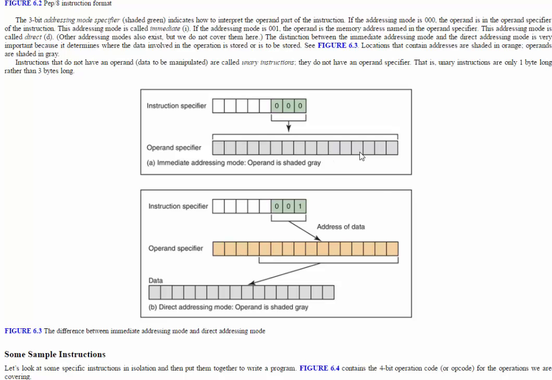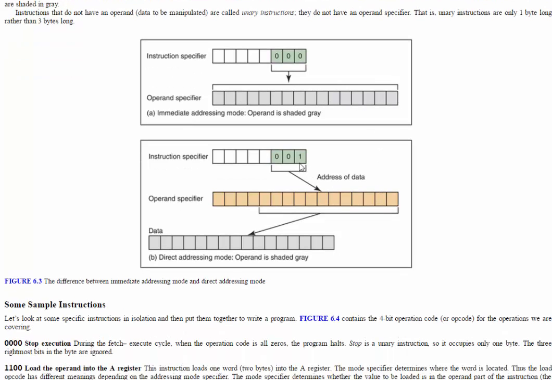It's immediately following me. If 001 is in the 3 bits of the address mode, then the operand that follows is a pointer to where in RAM it could grab the data. So this reference says, go to this address in RAM and grab the data. That does slow up the instruction a bit when you've got to access the data in RAM.